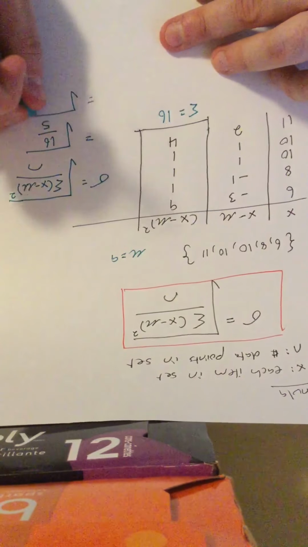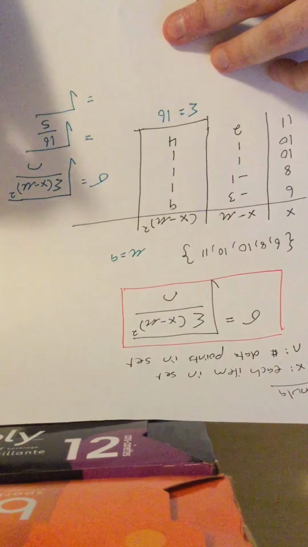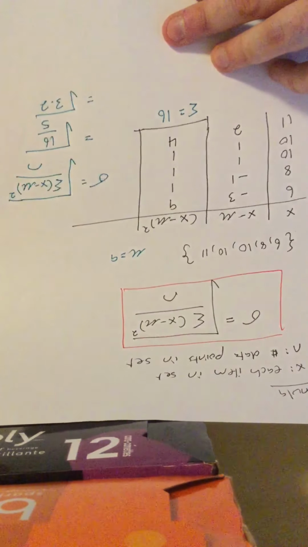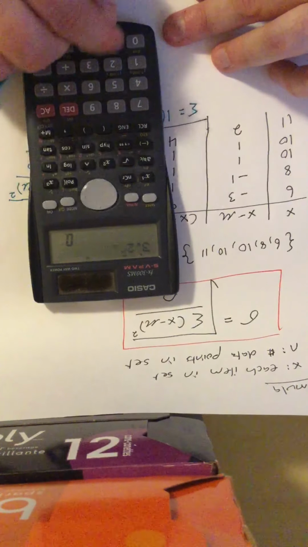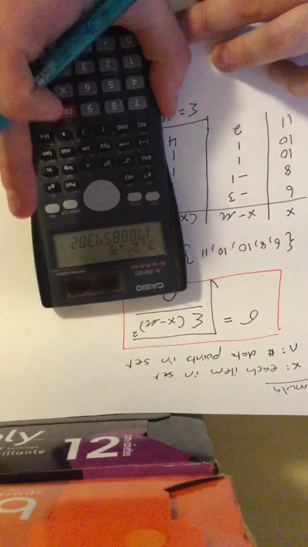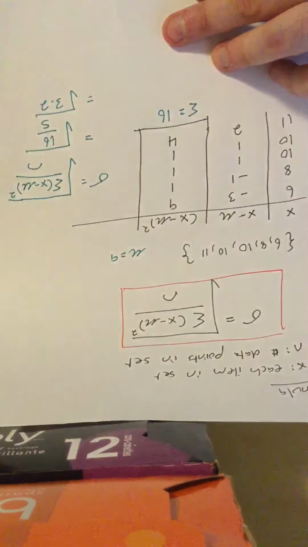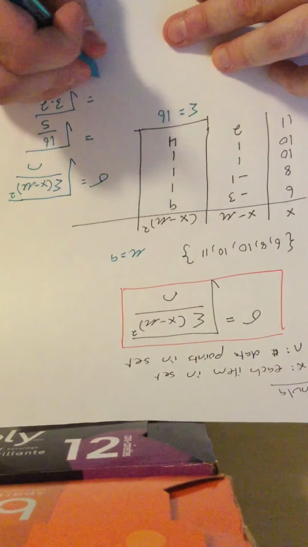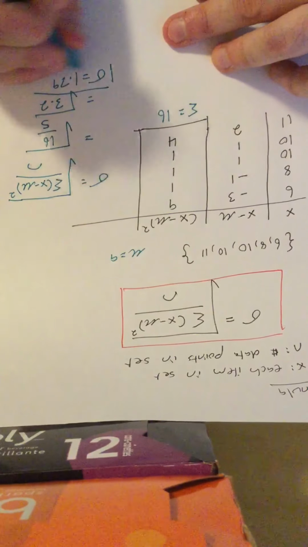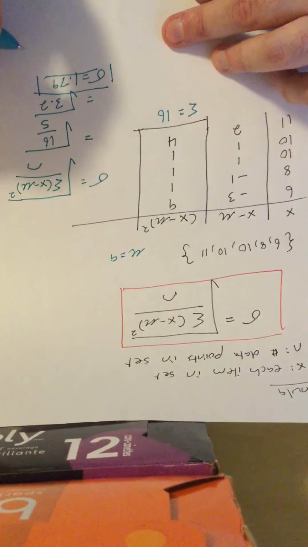So it's going to be the square root of 3.2, which I cannot do in my head. The square root is 1.79. And that's it. So the standard deviation for this set is 1.79.